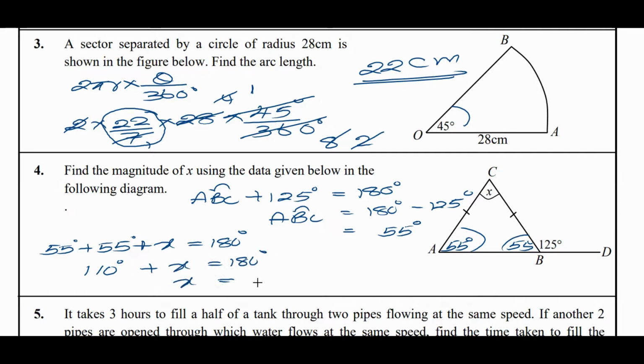Therefore, x equals 180 minus 110, that means x equals 70 degrees. So simple as that. Let's try question number 5.